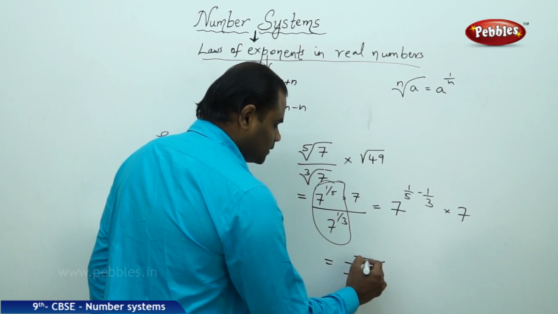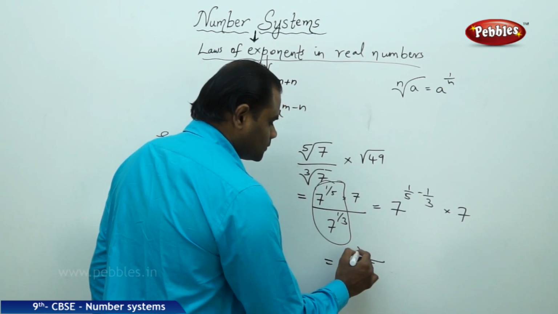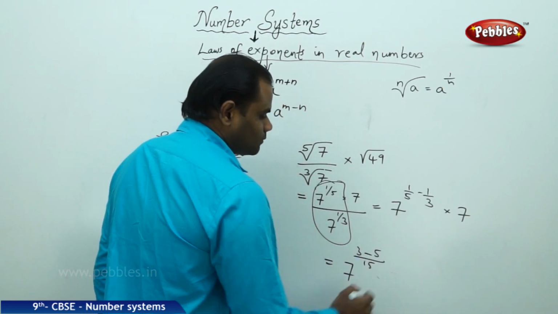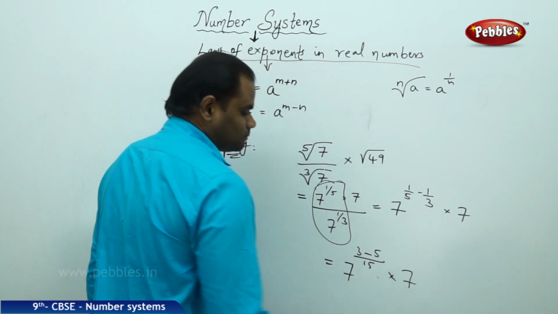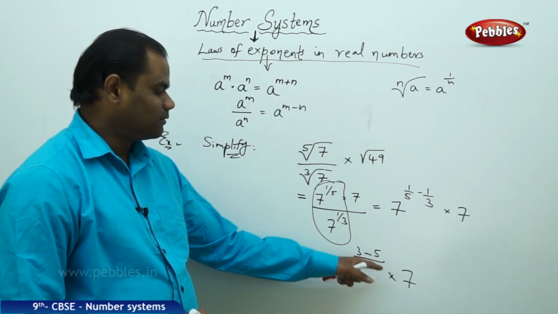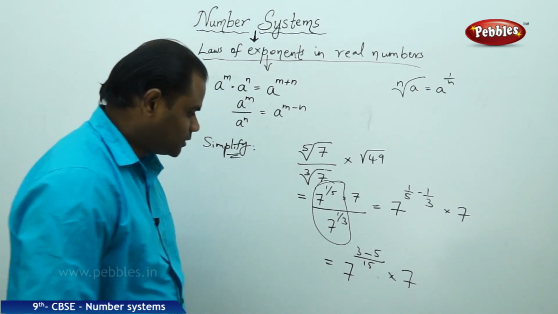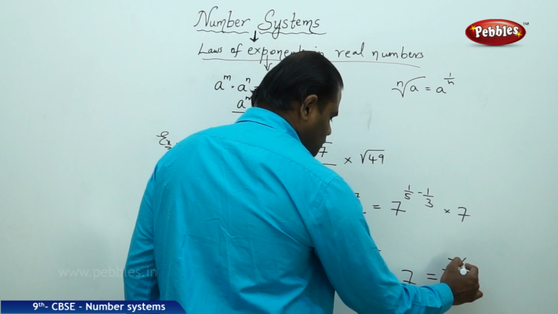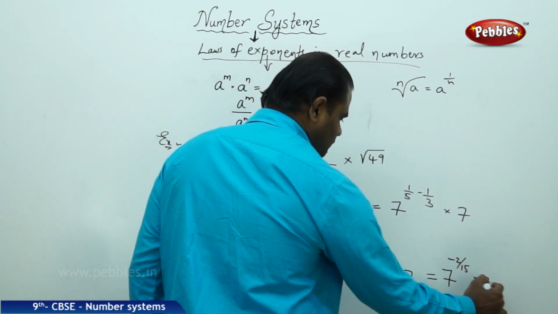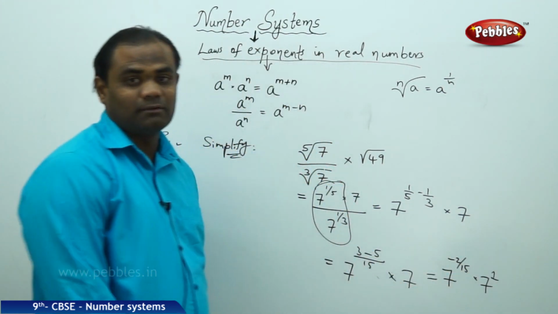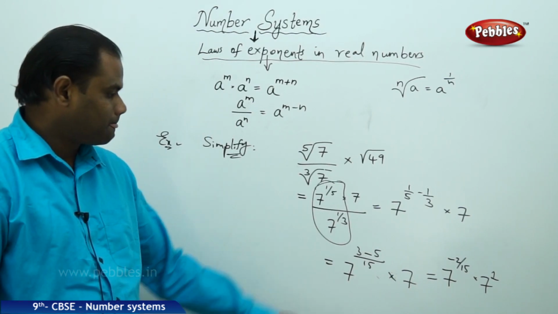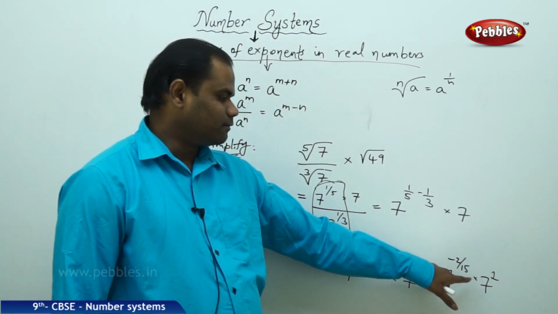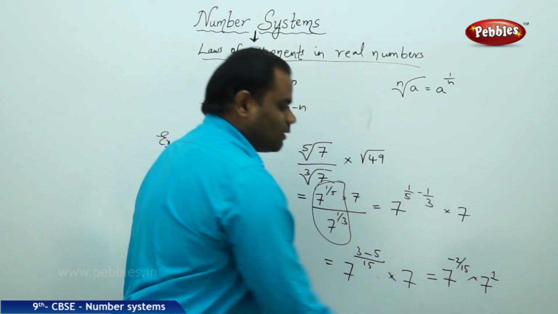I get 7 power 3 minus 5 over 15 times 7. So I get this to be 7 power this times 7, which on further simplification gives 7 power negative 2 over 15 times 7, which can be written as 7 power 1.